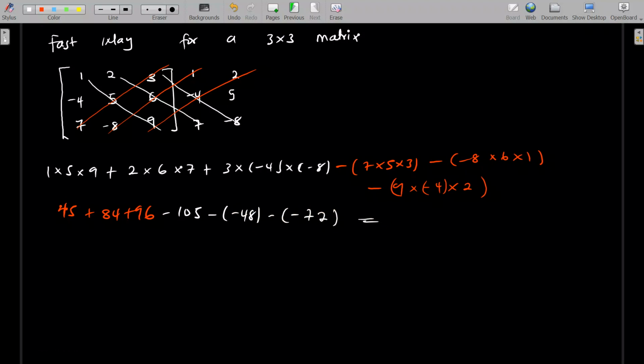When you sum these things, you're actually going to get 240, and that should be your determinant.